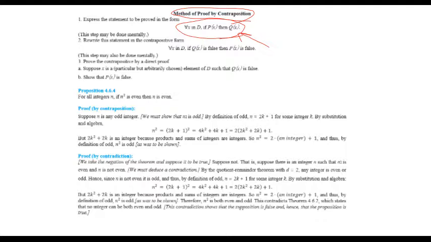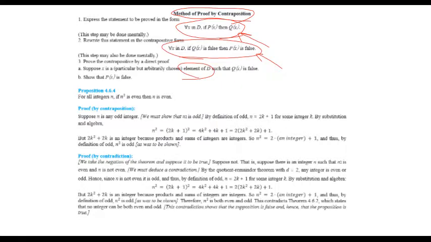In order to prove this, we basically prove its contrapositive. So we say for every x belongs to D, if Q of x is false, then P of x is false.